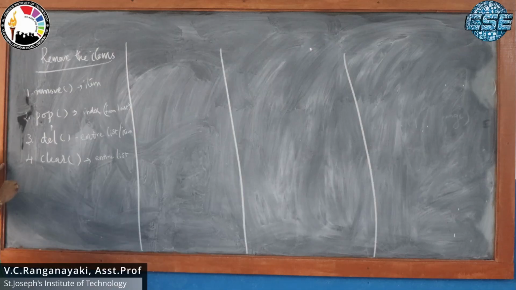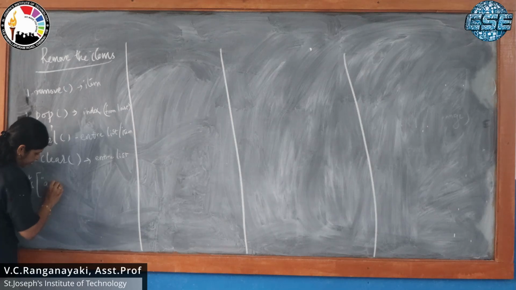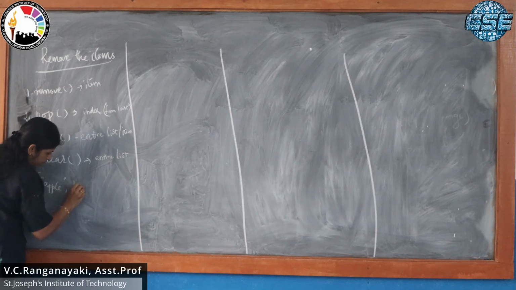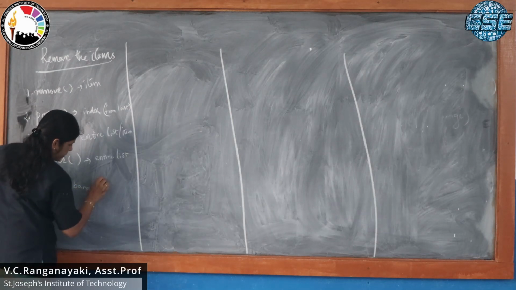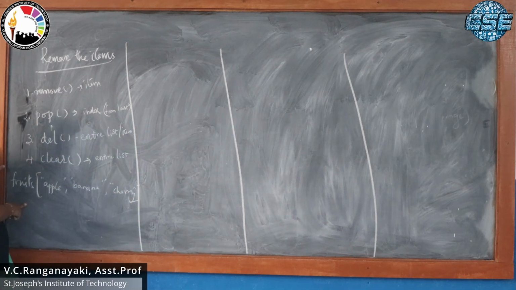particular item. Okay, with that I'll take a list as fruits, apple, banana, cherry. Okay, I took this same list.